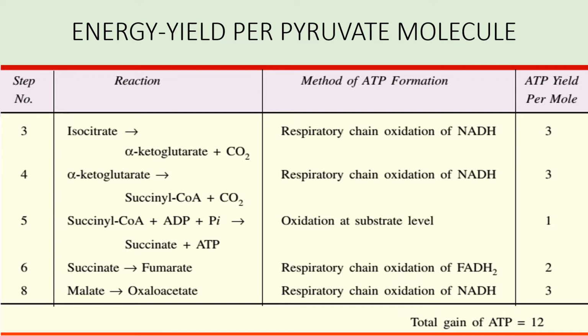The ATP yield per mole is 2. And the last step is step number 8, malate is converted to oxaloacetate, respiratory chain oxidation of NADH, ATP yield is 3. So 3, 3, 1, 2, 3 gives you a total gain of ATP equal to 12.